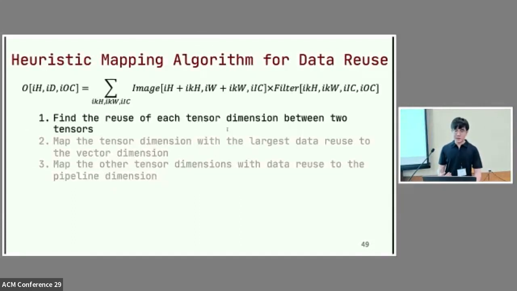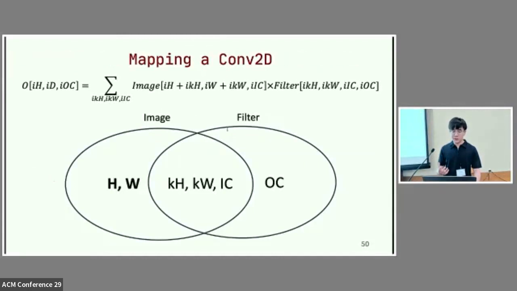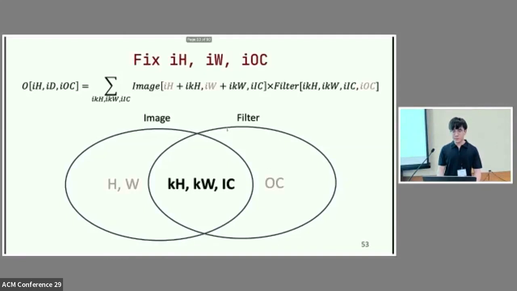To perform the first step of our heuristic-based mapping algorithm, we first divide all of the tensor dimensions into three categories: dimensions that only belong to the image tensor, h and w; dimensions that only belong to the filter tensor, OC; and dimensions that are shared between the image tensor and the filter tensor, kh, kw, and IC. First, we try to find the data reuse between the image tensor and the filter tensor along the dimensions kh, kw, and IC by fixing the indices and iterating over all of the other dimensions.